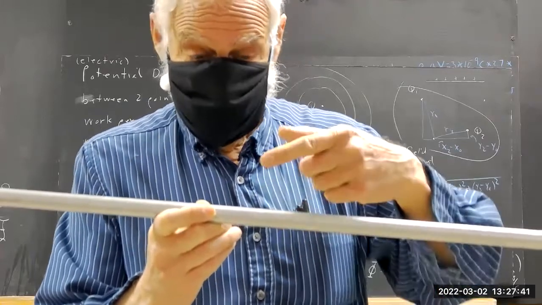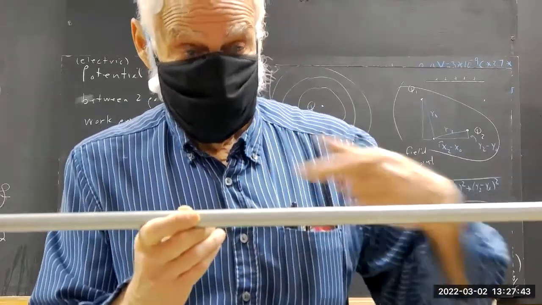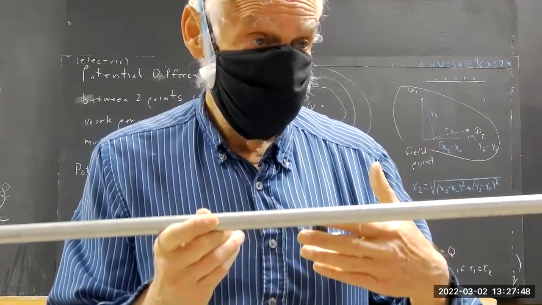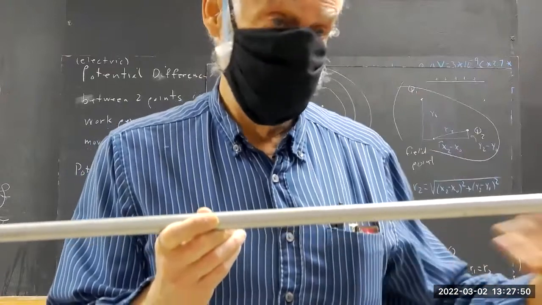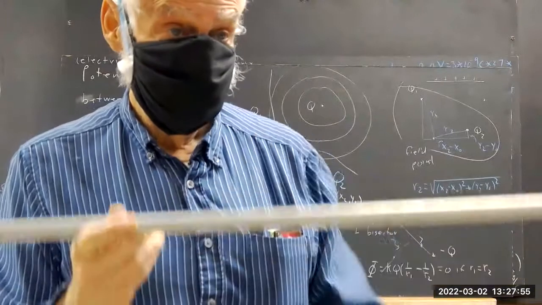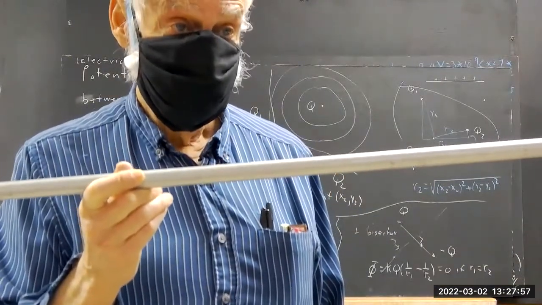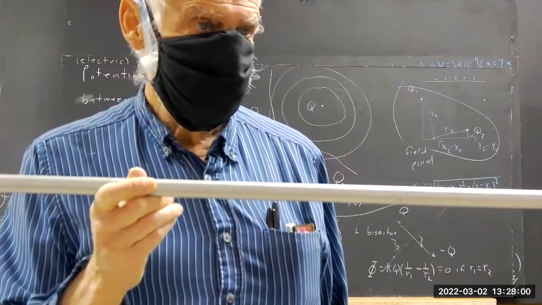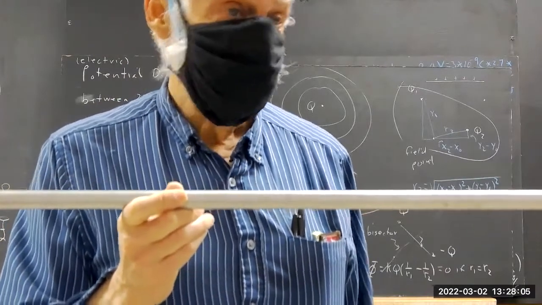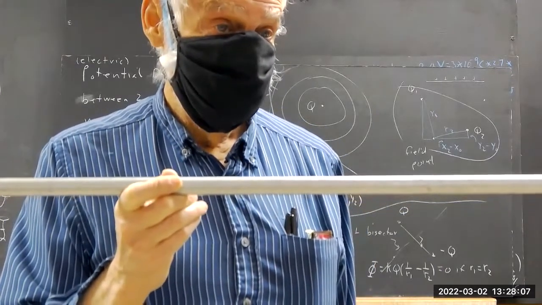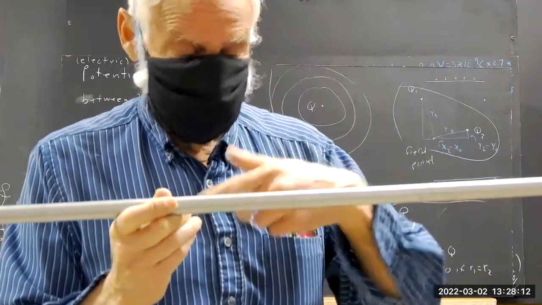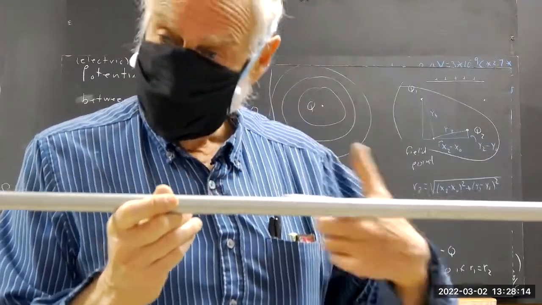Now, for any cylinder concentric with this rod, your field is inversely proportional to how far you are from the rod. That means your potential, and I'll derive that one, is a natural log of R, relative to the axis of the rod.